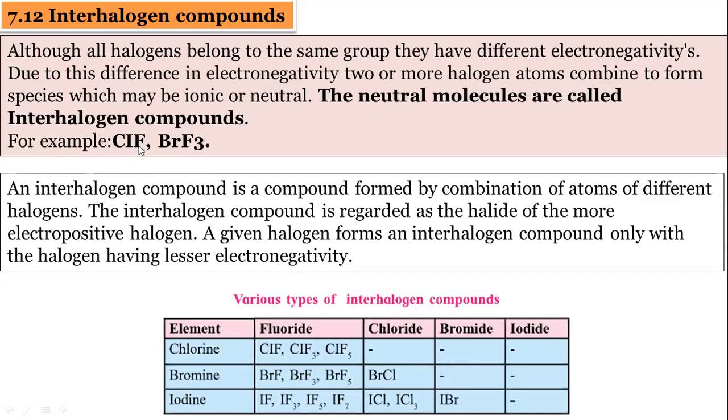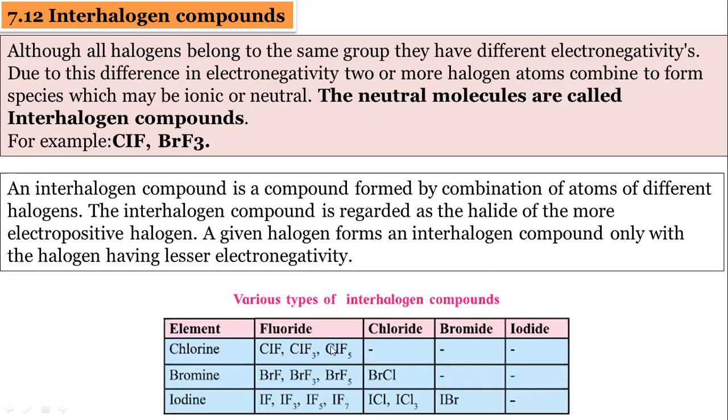You know, fluorine is highly electronegative, and chlorine is less electronegative than fluorine. So all the interhalogen compounds are formed by this condition: out of two halogens, one has higher electronegativity and one has lesser electronegativity.